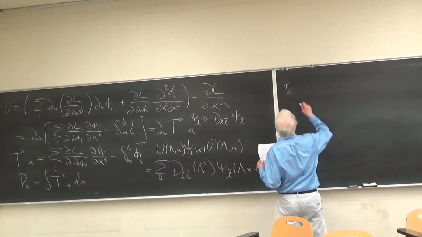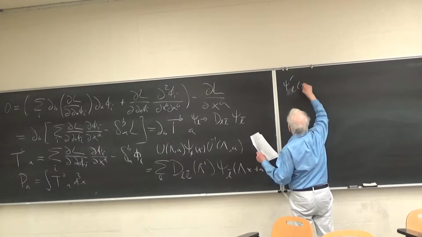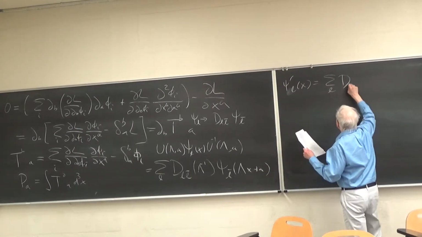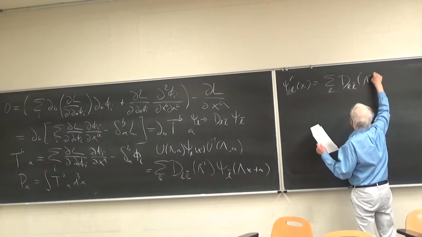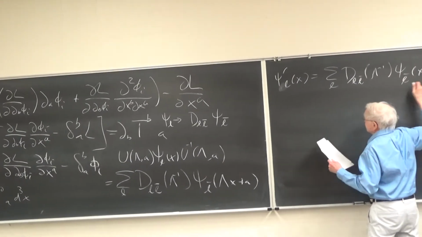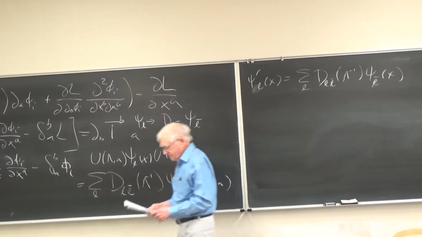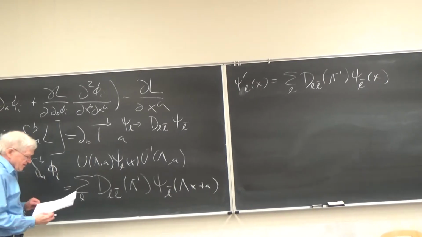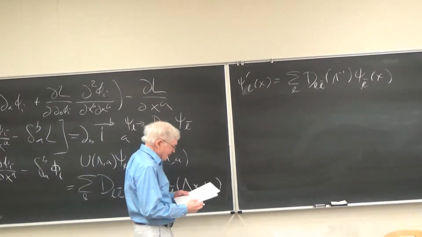So in other words, psi_l of x prime is the sum on L-bar of D_{l L-bar}(lambda inverse) psi_L-bar simply of x. So this is a transformation that's not a Lorentz transformation, but is the field part of the Lorentz transformation.